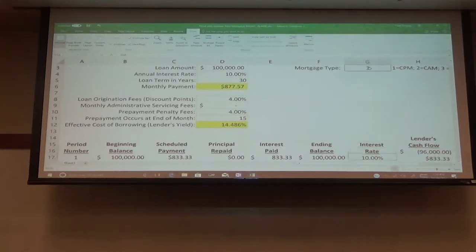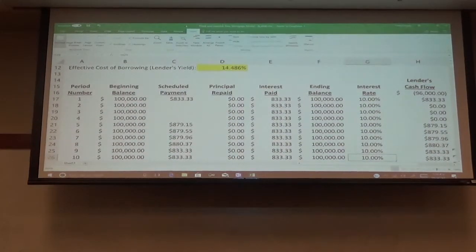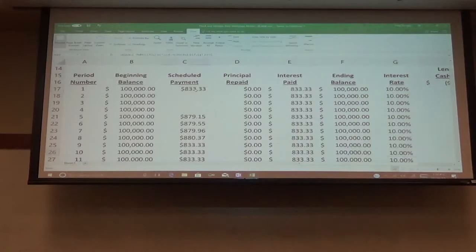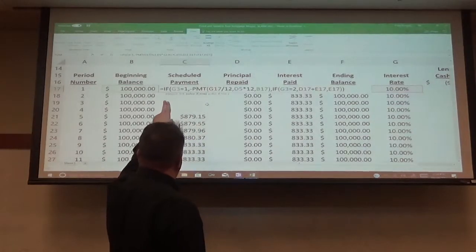Can you just show the formula one more time? That's what I'm about to do. But I was going to blow it up first. All right. Okay, so this is the formula for the scheduled payment column. All right, so let me read it off to you, if you want to type it in as I'm reading it.